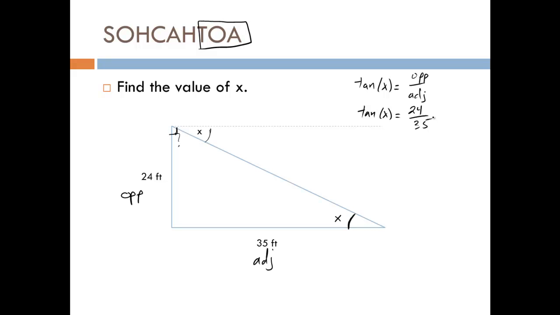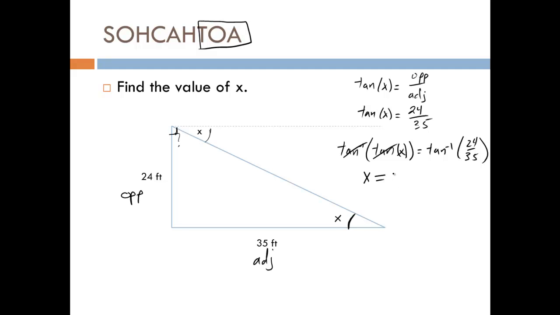Again, we have an inverse tangent function that allows us to take the inverse tangent of both sides. And when we do that, the inverse tangent and the tangent cancel out, leaving us with just an x.